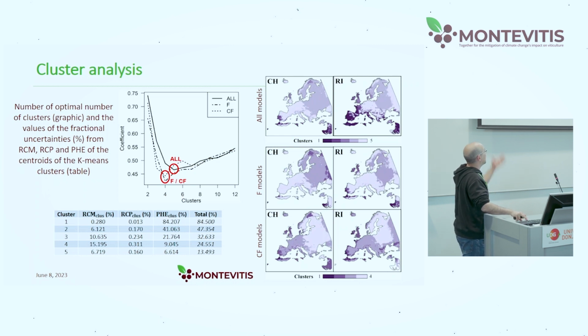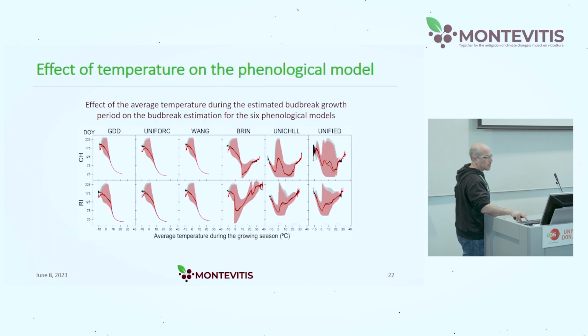On the contrary, with the cold ones. And then, as we told before, here we have the influence of the temperature in the different models. We can see that the forcing models have more or less the same trend, in which we have this cone.